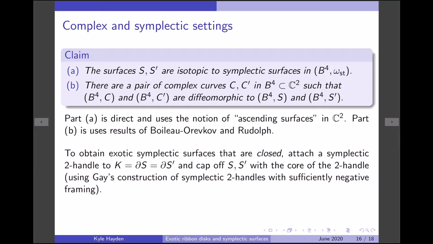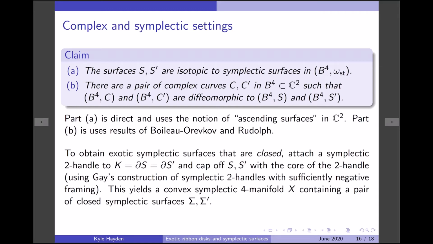In this case, the core disks of these symplectic two-handles are also symplectic. So what we obtain is a convex symplectic four-manifold X obtained from the four-ball by attaching a single two-handle, and inside that four-manifold, we can cap off our surfaces S and S prime to yield closed symplectic surfaces sigma and sigma prime. And now, for these particular choices, it turns out we can run the previous argument using double branched covers and again distinguish the surfaces sigma and sigma prime.